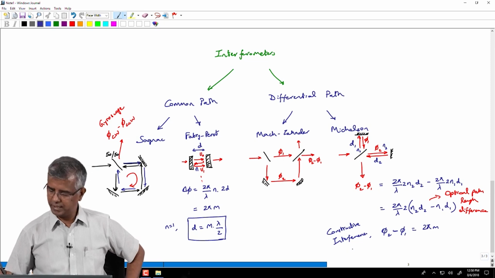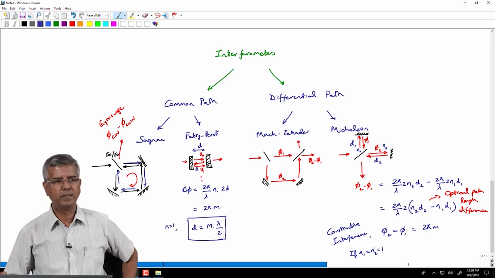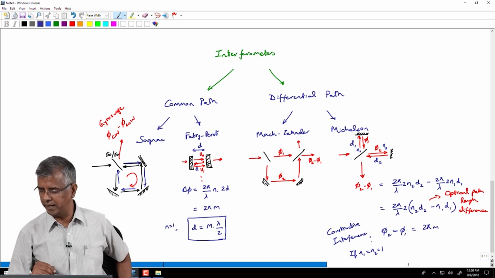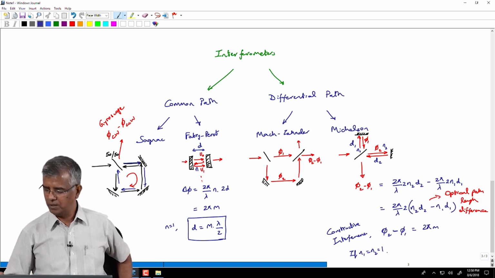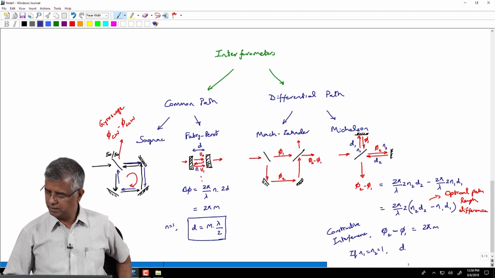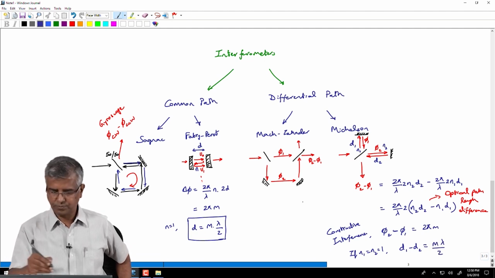And if we say n1 equal to n2 equal to 1, meaning this entire setup is constructed in air, then you get the condition that d1 minus d2 should be equal to m lambda over 2.